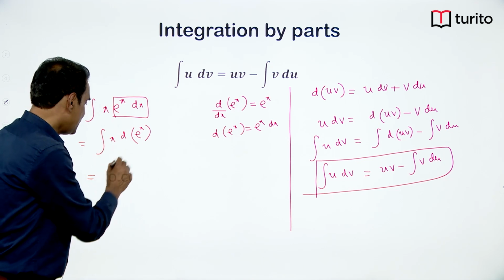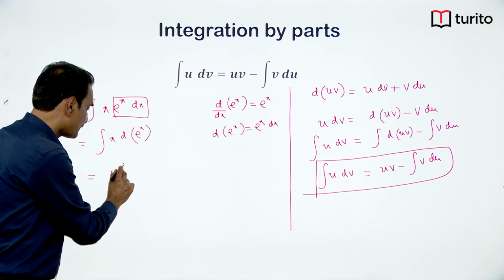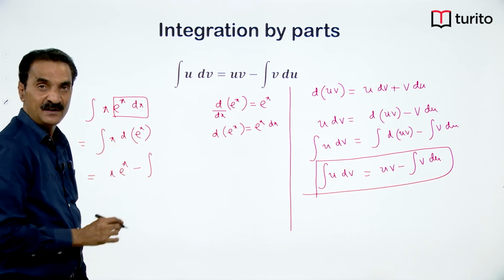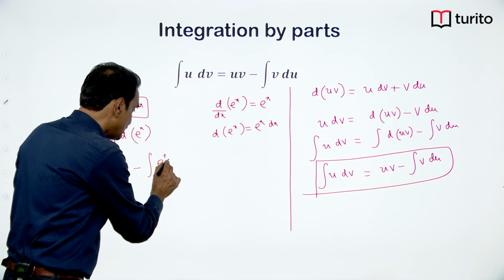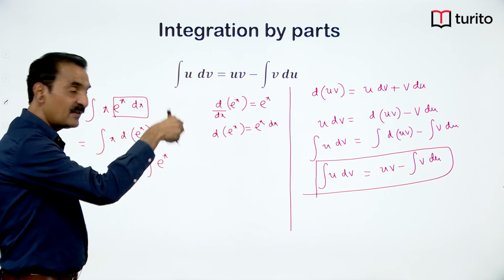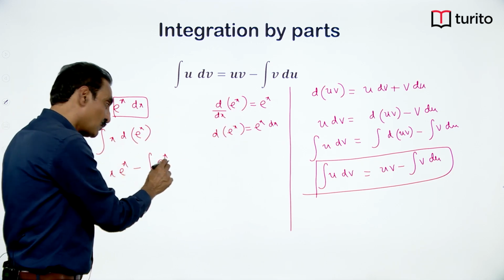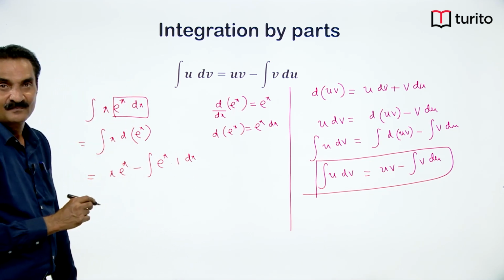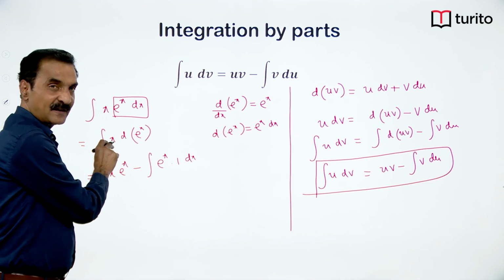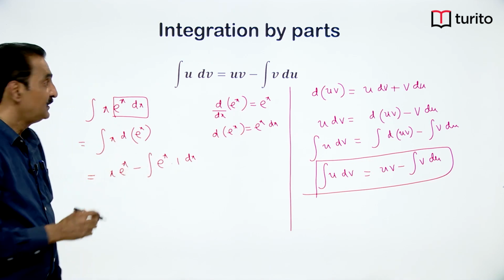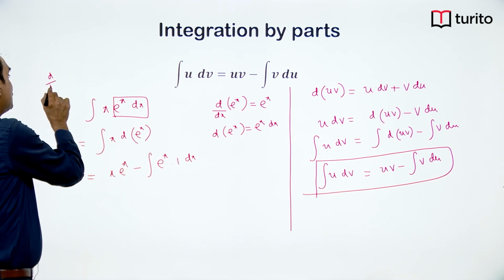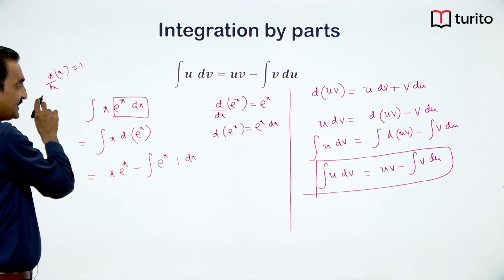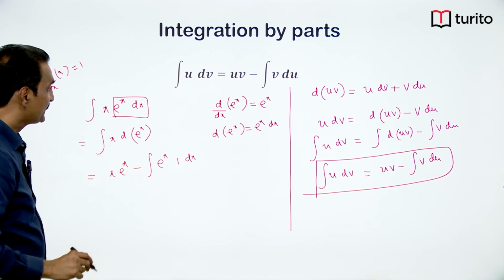uv is x into e power x minus integral v du. What is v? e power x. Here du means derivative of u. What is the derivative of x? 1. So du is 1 into dx.